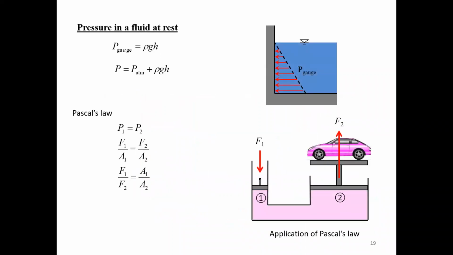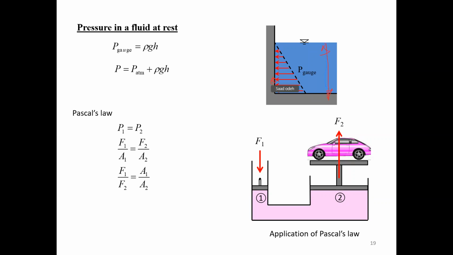Just before we do the example, also we have pressure in a fluid, which depends on the depth of the fluid, where the point in the fluid itself is. If I have a tank like this, then at different depths we will have different pressure.